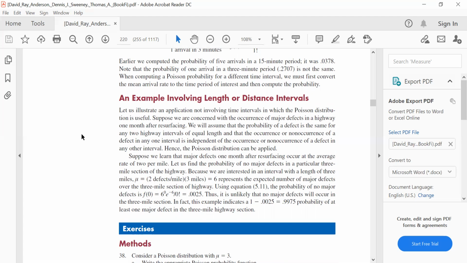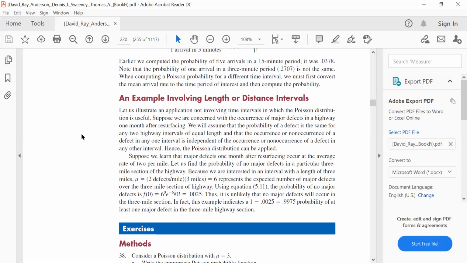Now let us illustrate an application not involving time intervals in which the Poisson distribution is useful. Suppose we are concerned with the occurrence of major defects in a highway 1 month after resurfacing.